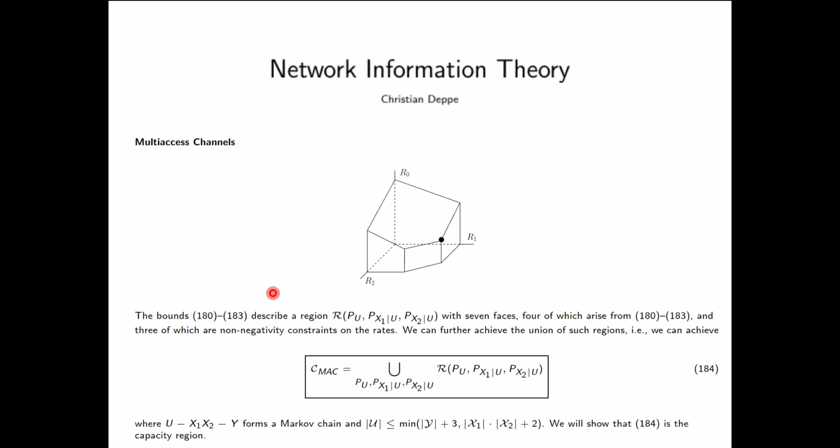We have somehow 7 phases, 4 of which arise from the first inequalities, and 3 of which are non-negative constraints on the rates. So in general, we can achieve all these rates, and what we can choose is this probability. And we take the union of all these rates, and we get this rate region here. Now we have to show the converse.